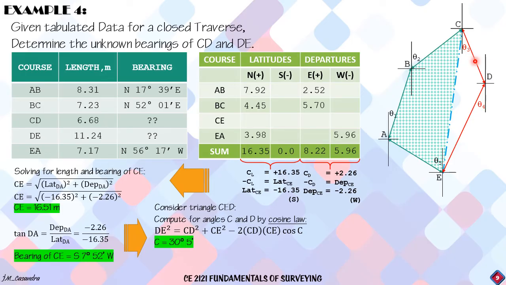We can see from the diagram that C is equal to theta 3 plus the bearing of line CE.